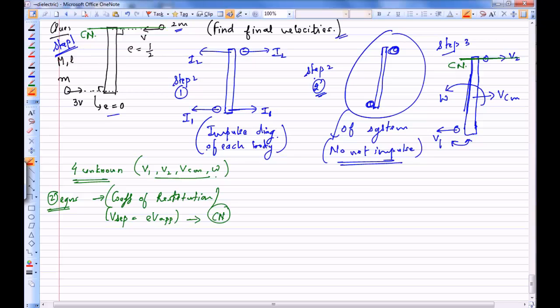So for V separation, I need to find the velocity of this particular point. Look at this red mark. I need to find the velocity of this particular point just after collision. Its velocity in this direction is going to be L by 2 omega minus VCM.